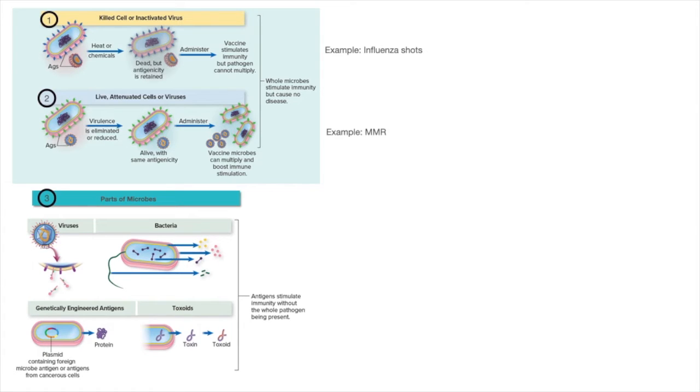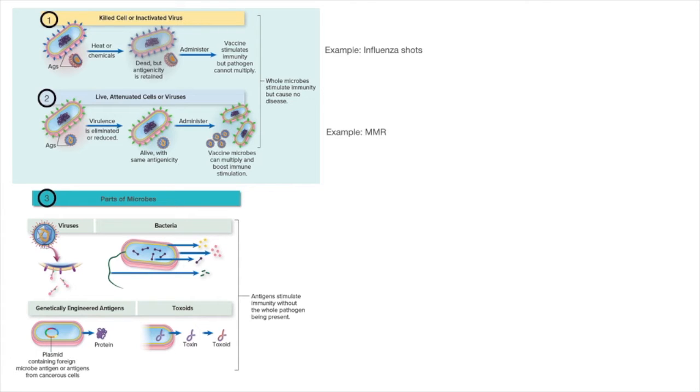Or more frequently, recently, we determine the genetic sequence in a virus that creates a protein that will be antigenic, and we take those genetic parts, put them on a plasmid, and cause a completely unrelated microorganism to create copies of that protein, and we use that as a vaccine.